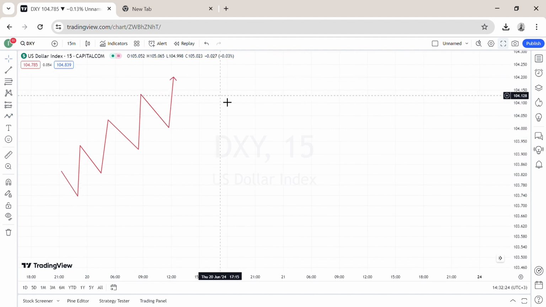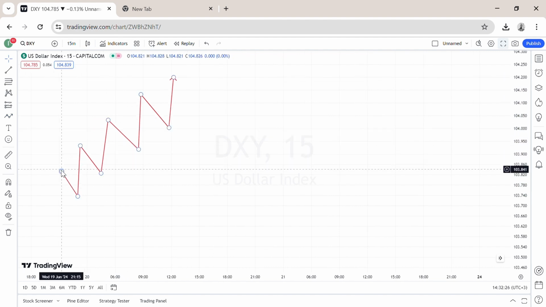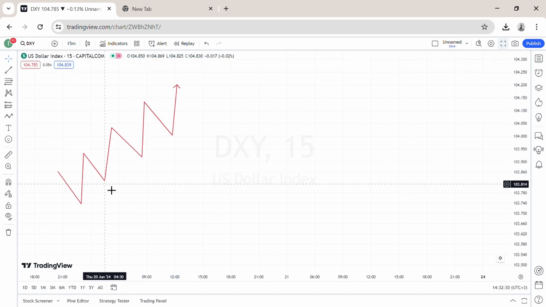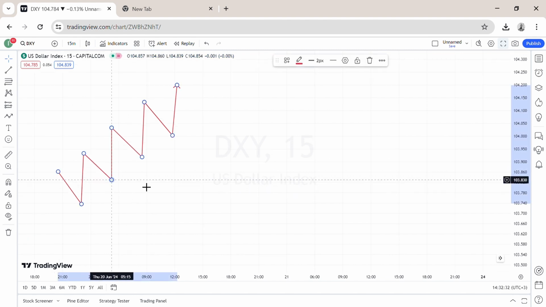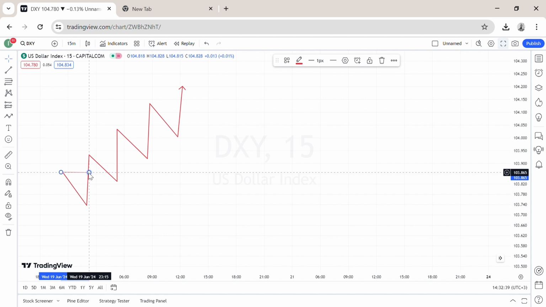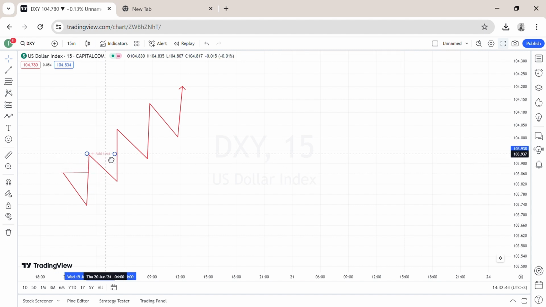Now, when you want to trade a market like this, we all see that there is a break of structure to the upside, continuously.